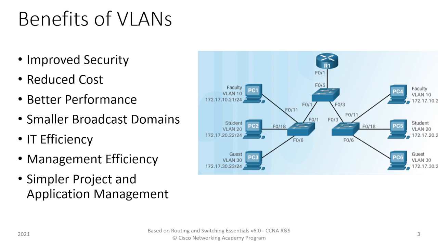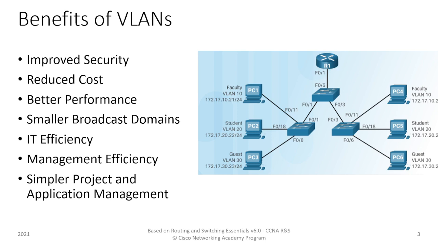We can do further routing configurations to limit who can go from where to where in the network, but they are segmented using VLANs. So that is one of the benefits that we can get from using VLANs: improved security in our overall network.